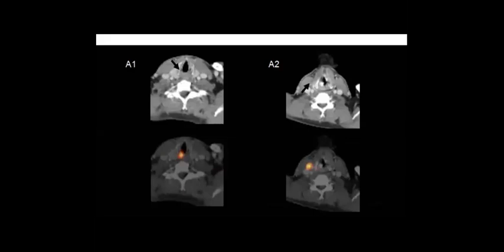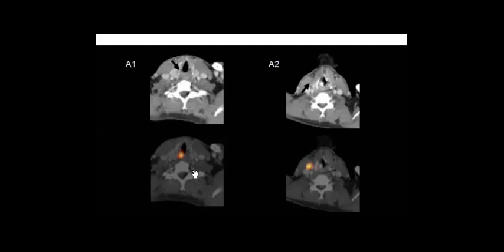This old patient again has some lymph nodes. In the PET-CT, you can see that there is high uptake here. So if I told you that this patient doesn't have any known primary cancer, and they search for the primary cancer.